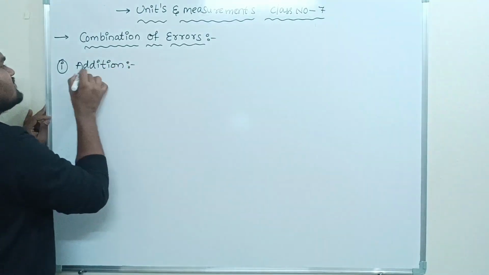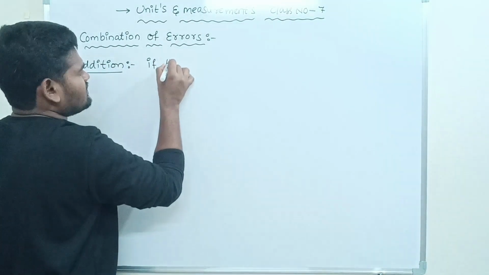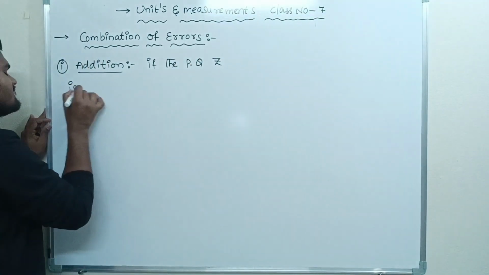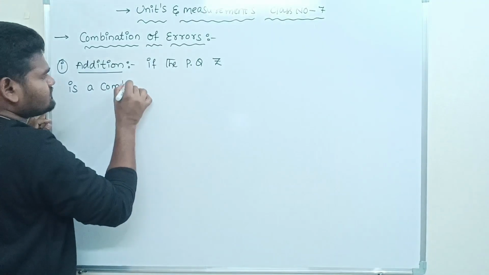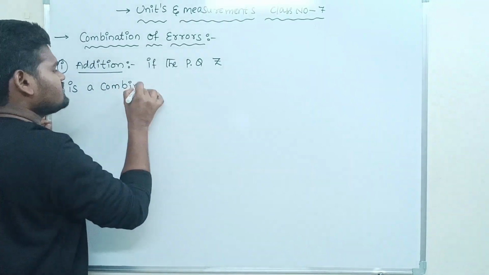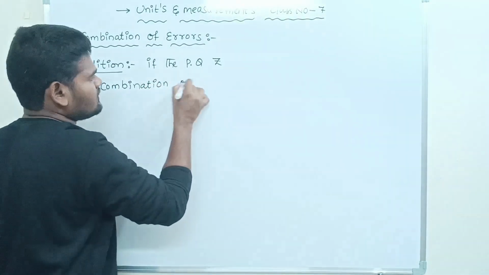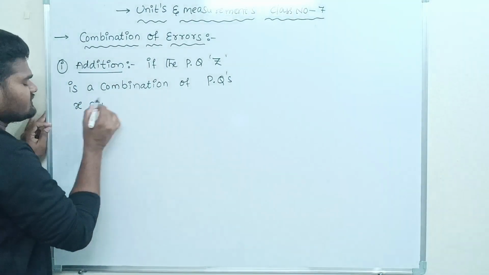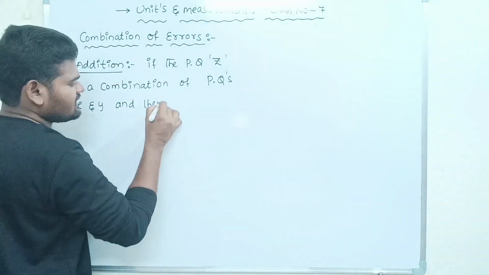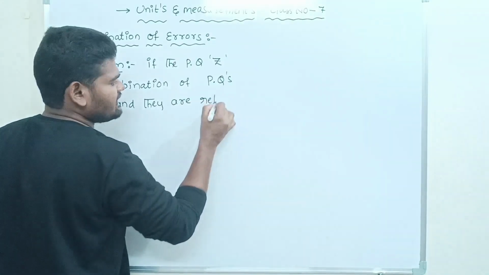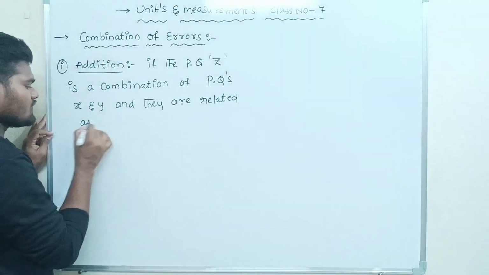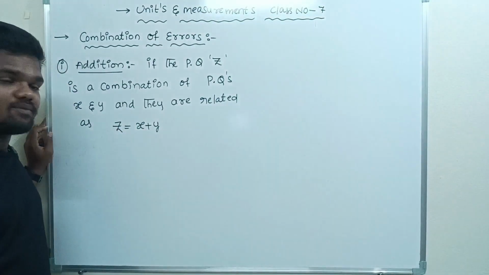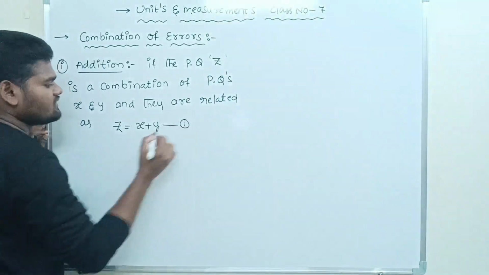If the physical quantity Z is a combination of physical quantities X and Y, and they are related as Z is equal to X plus Y. Okay, so this is equation number 1.